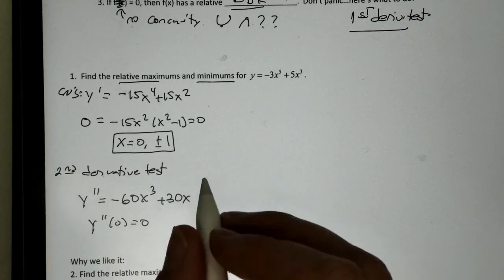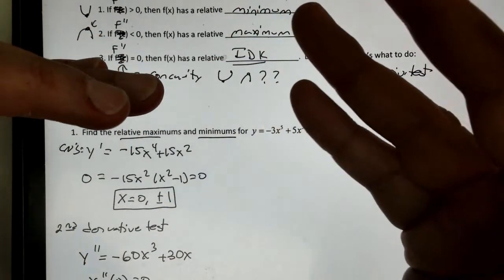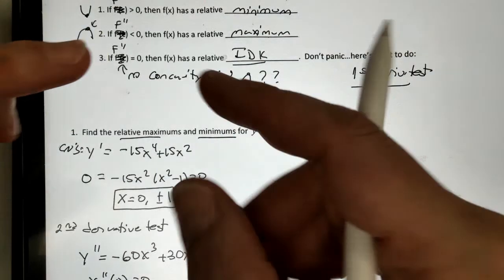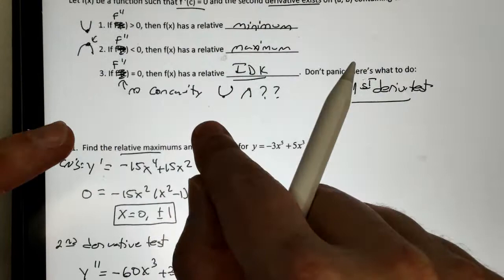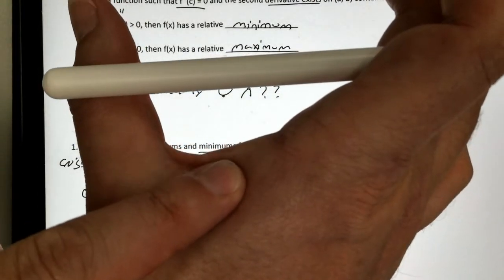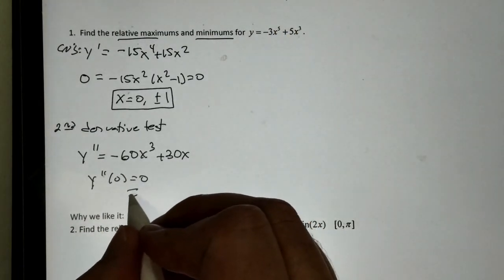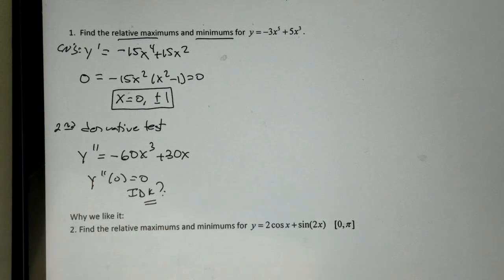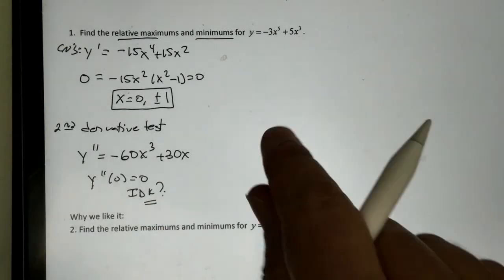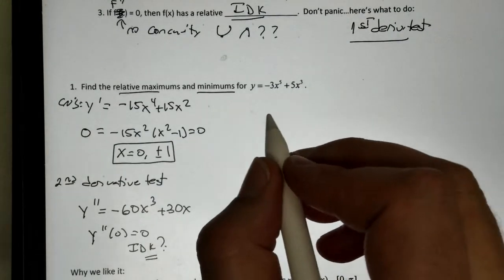That's going to give me 0, and that's not really telling me anything. If I plug in 0, I'm not given any information there because it's not concave up, which would tell me it's a minimum, and it's not concave down, which would say it's a maximum value. So this is an I don't know, an IDK. We really don't know what that is. My rule says if it fails, we're just going to use our first derivative test. So that's what we're going to do here.